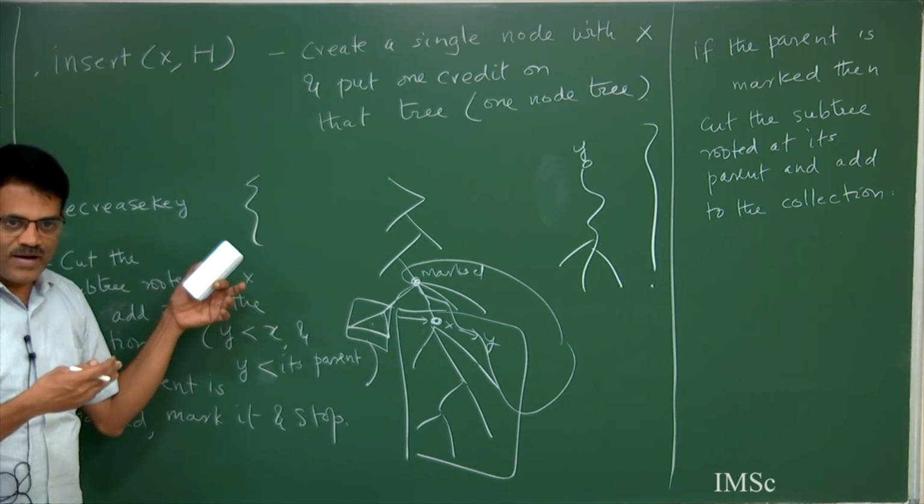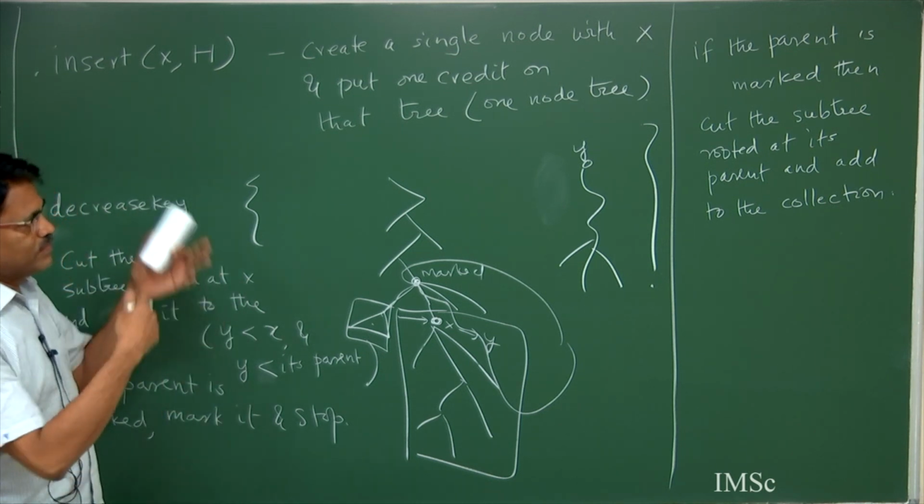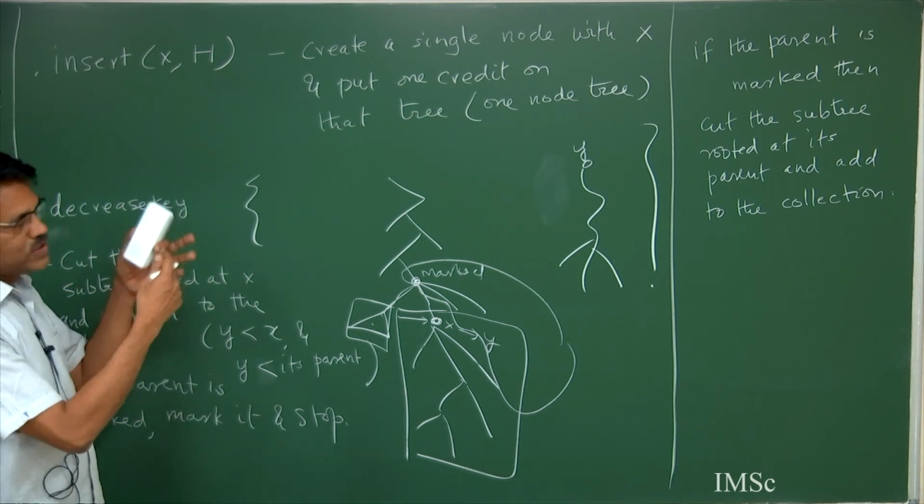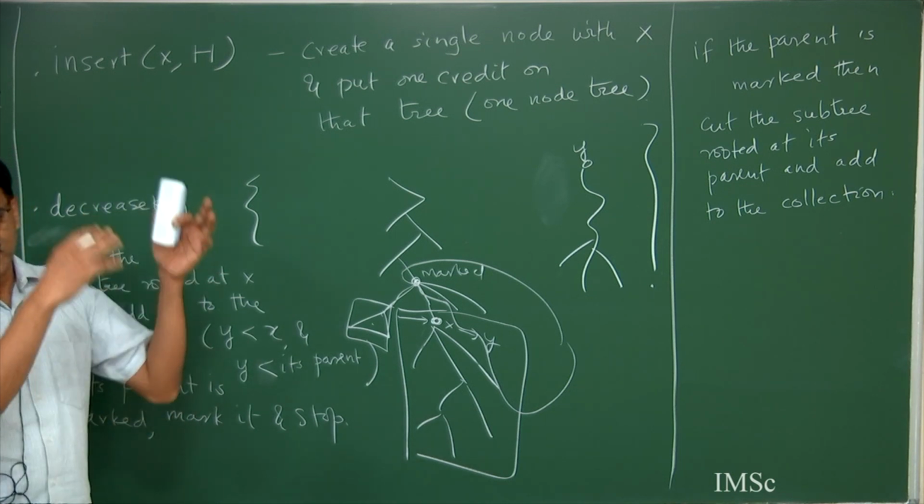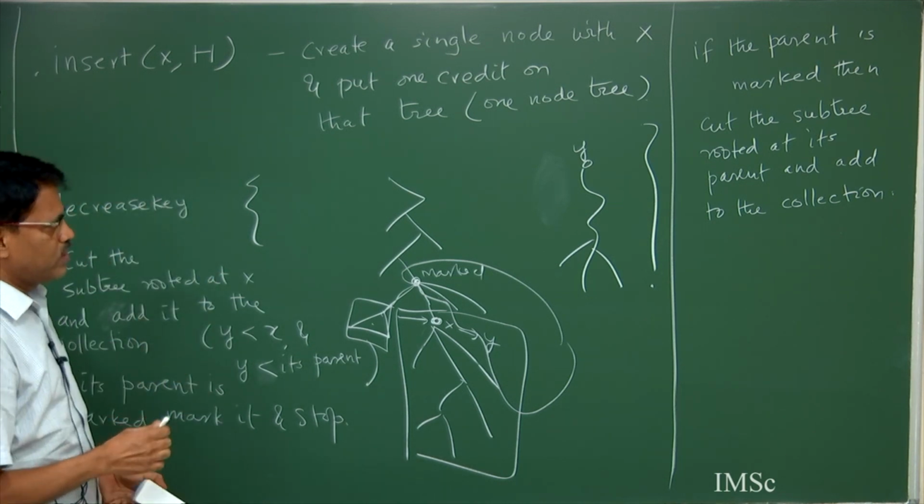But if it was already marked, cut the subtree rooted at its parent, add it to the collection, and continue. In the worst case, you might go all the way, right?